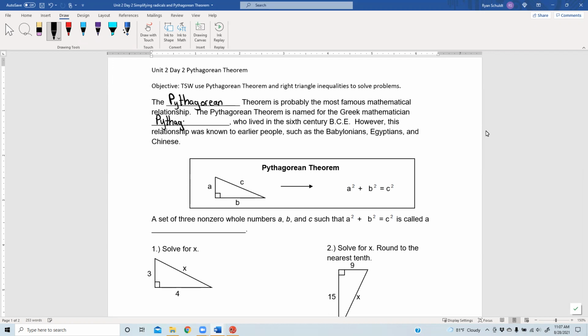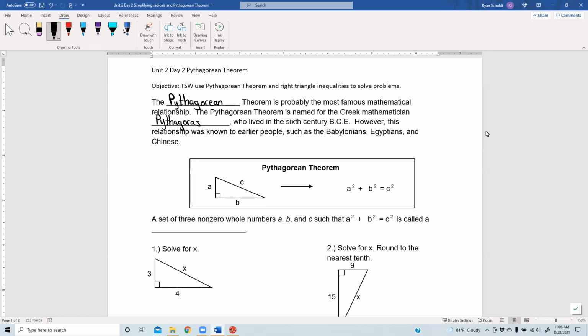I mentioned that it was known way before him. He lived in the 6th century BCE, but ancient civilizations such as the Babylonians, the Egyptians, and the Chinese knew about it. He was just the first to be able to prove it rigorously, which means show mathematically that it works without fail in every single situation. He was able to do it, so he got to slap his name on it.